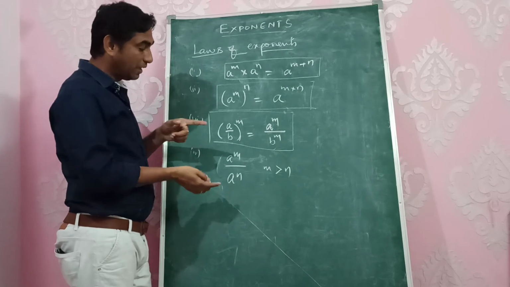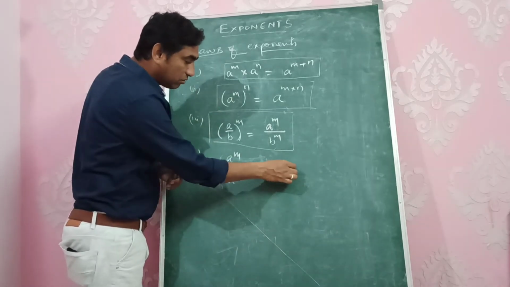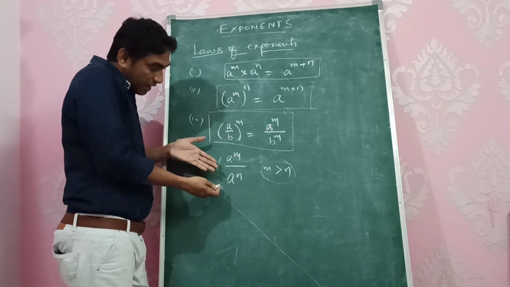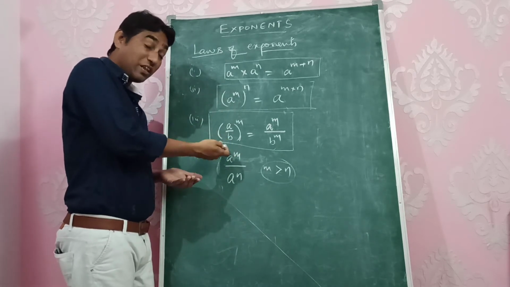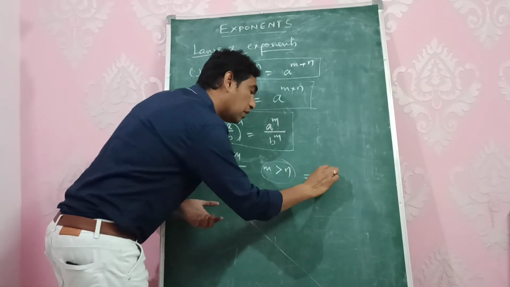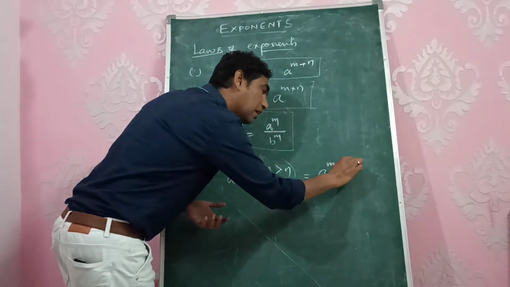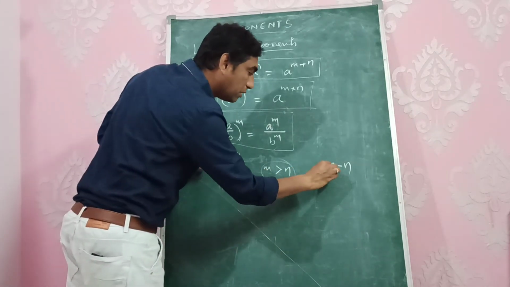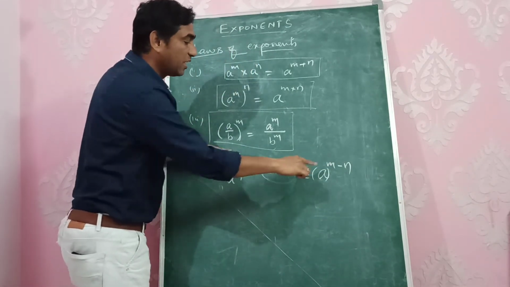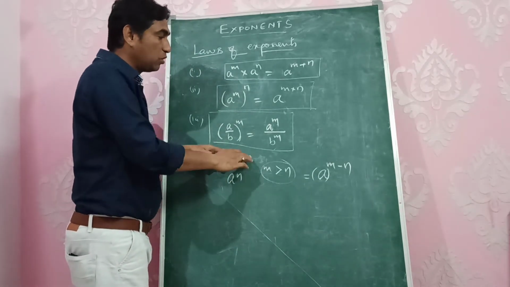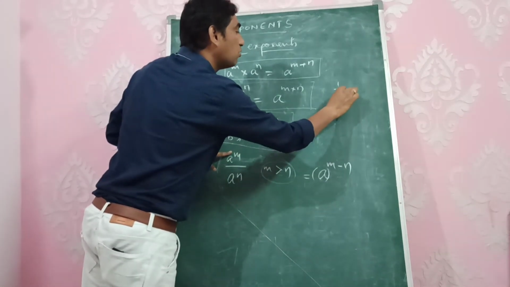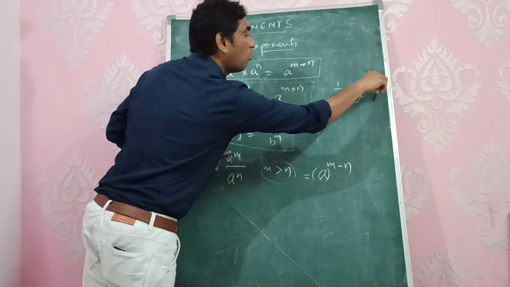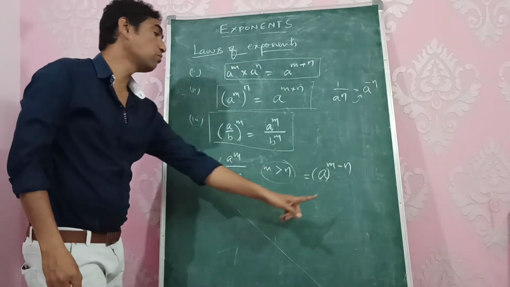According to this condition, m is greater, so n should come up. Then it becomes a to the power of m minus n. Because the bases are the same, the base remains the same. A to the power of m is already here. When you take it up in the numerator, according to this identity, a to the power of 1 by n comes as a to the power of minus n. So it becomes minus n.